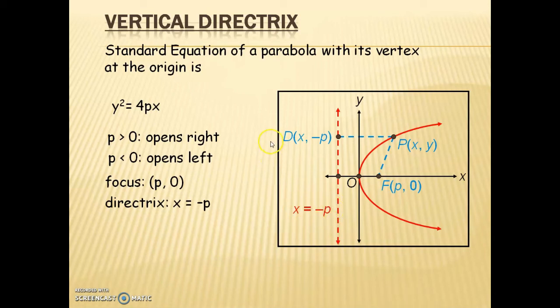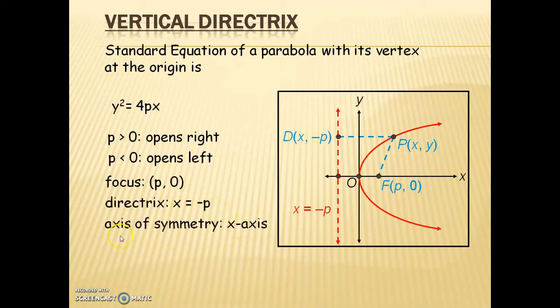But if our parabola opens to the left, the line of our directrix is located to the right of the vertex, or to the right of the origin. So it becomes x equals p instead of negative p. Remember that if it opens to the left, the directrix is x equals p.